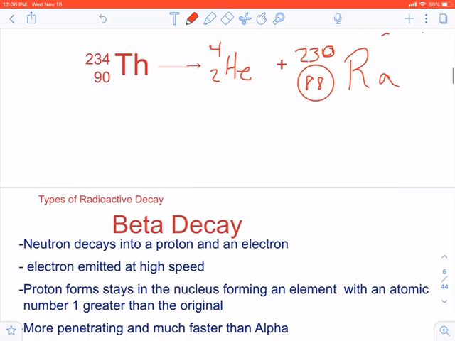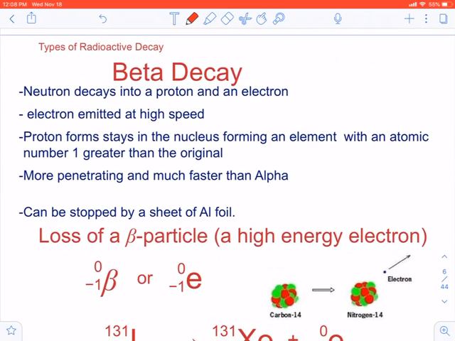Moving on, we're going on to beta. Each time we go up, it gets a little bit more dangerous. So beta decay, I'm going to walk you through this, but it's kind of complicated. Imagine there's an atom, and the atom allows a neutron to bubble up to the surface.